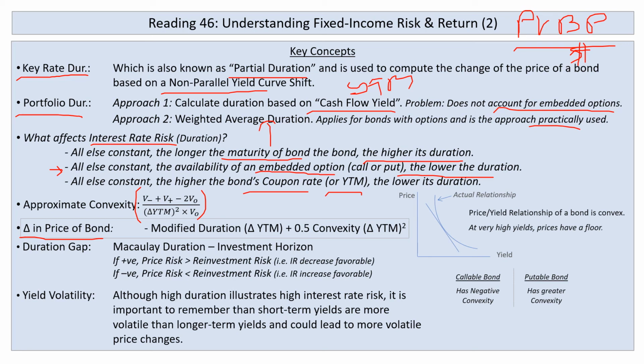So modified duration is based on 1%, while the price value of a basis point is the dollar effect on the bond's price for 1 basis point. Always remember 100 basis points reflect 1 percentage point.